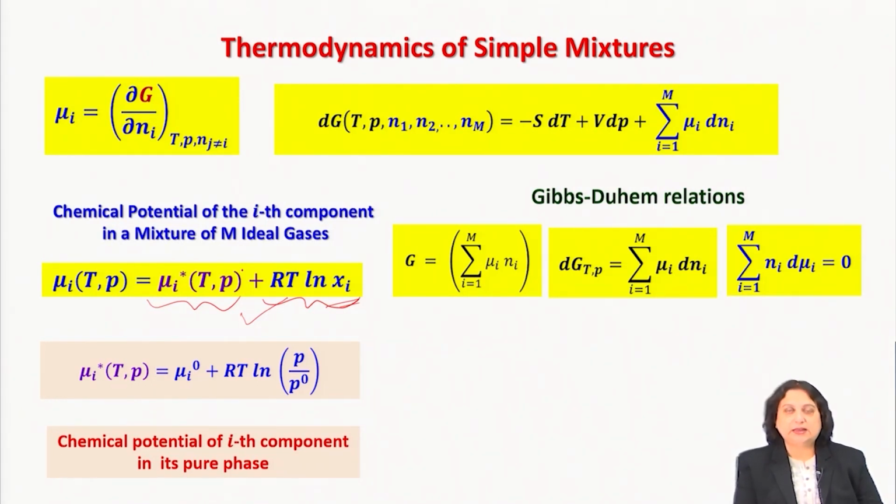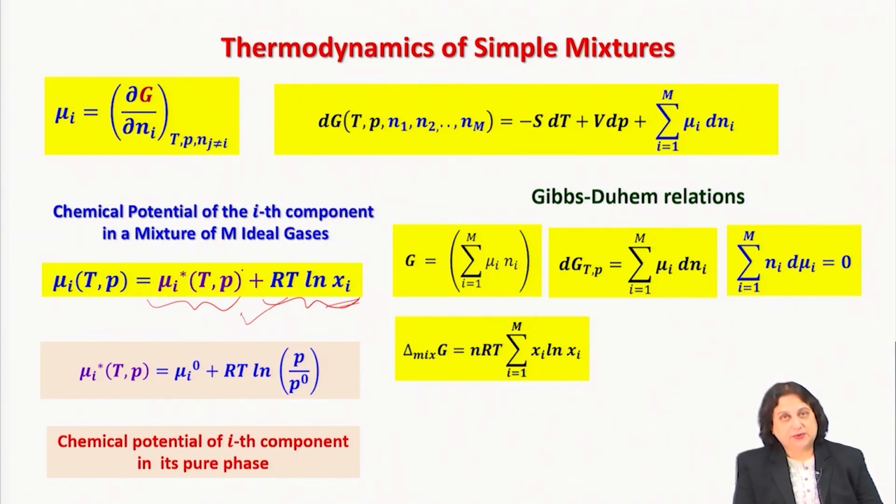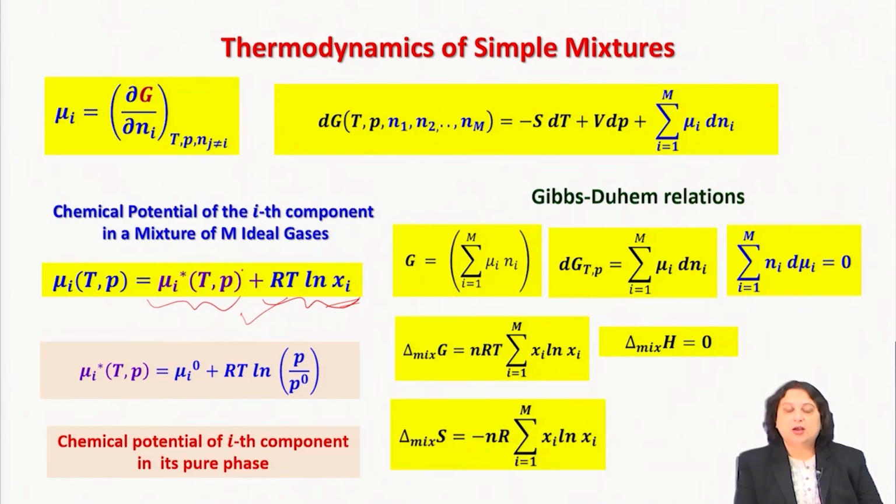And we have also seen how to use the Gibbs-Duhem relations to eliminate the chemical potential so that we get thermodynamic quantities like the Gibbs free energy of mixing, or the enthalpy of mixing, or the entropy of mixing, entirely in terms of the composition of the mixture, which is given in terms of the mole fraction of each component in the mixture.